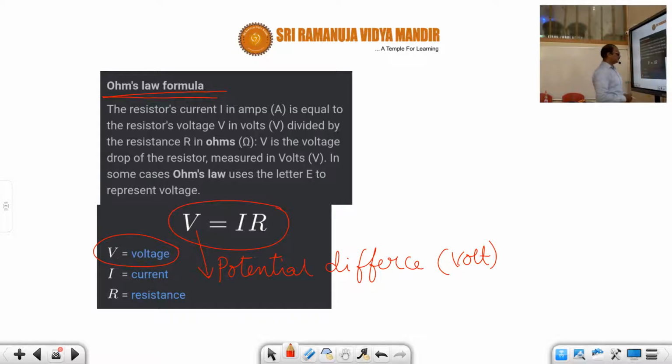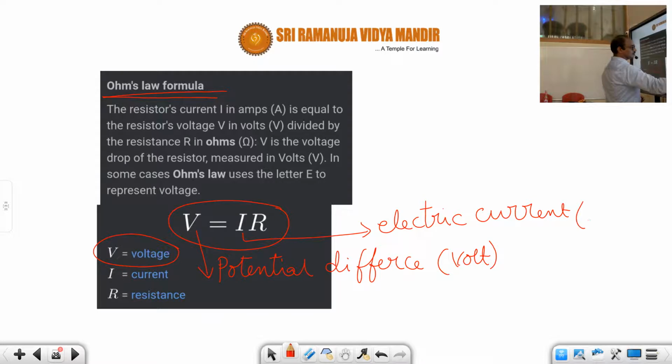It is a volt. And I is called electric current, and its unit is ampere. The electric current unit is ampere.